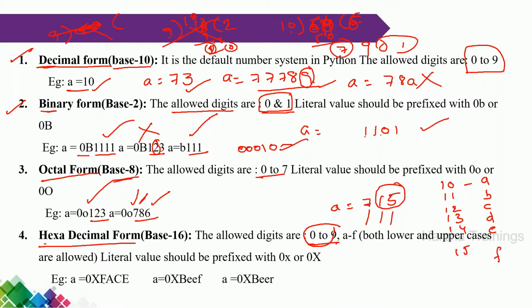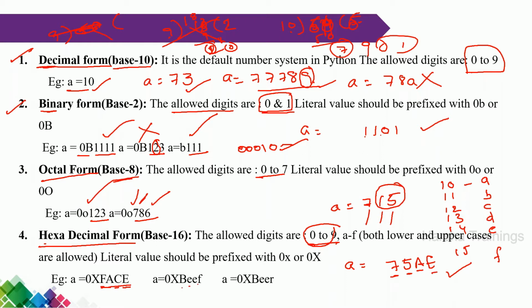For example, see this one. F, okay. A, okay. C, okay. E and E is okay. So here all the four digits are perfectly fine. Why? Because all those are within the range. Here, A is equal to 7, 5, capital A, E. This is also fine. 7 is in the range 0 to 9, 5 is okay, A is okay, E is okay.